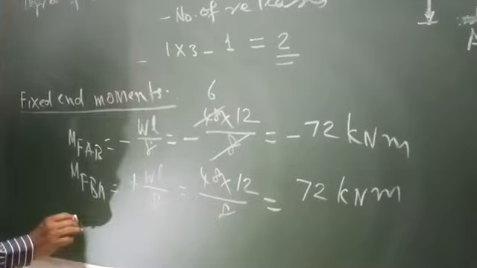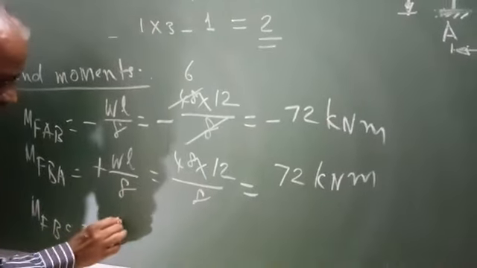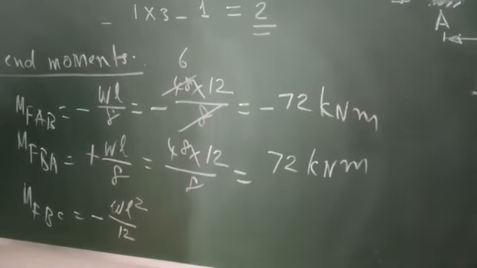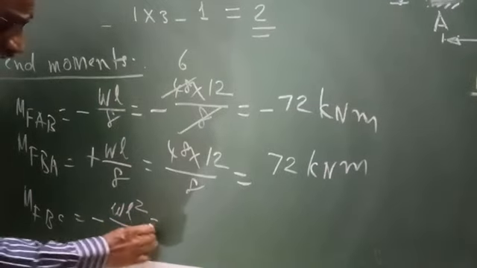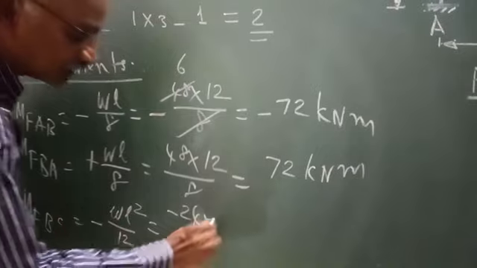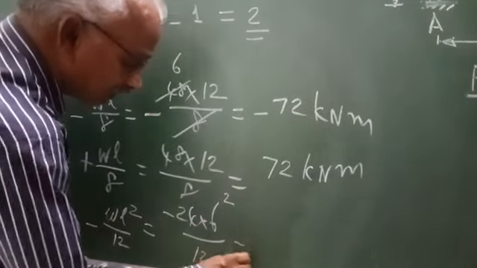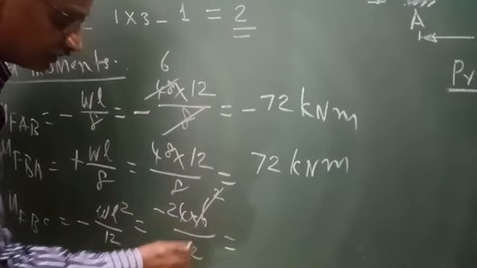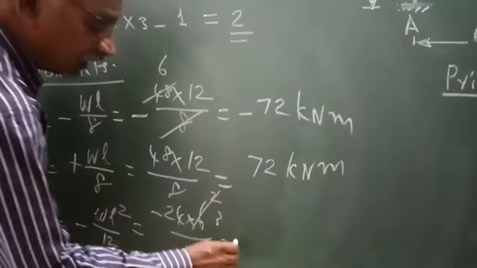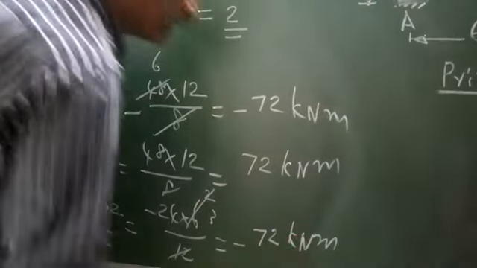Then M of BC equal to minus WL square by 12, BC being subjected to UDL over the entire span, equal to minus 24 into span is 6 meters, 24 into 6 square by 12. So this 6 square will be 36, therefore it is 3. So minus 24 into 3 equal to minus 72 kilonewton meter.